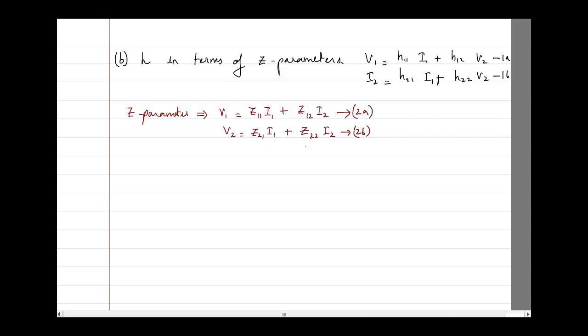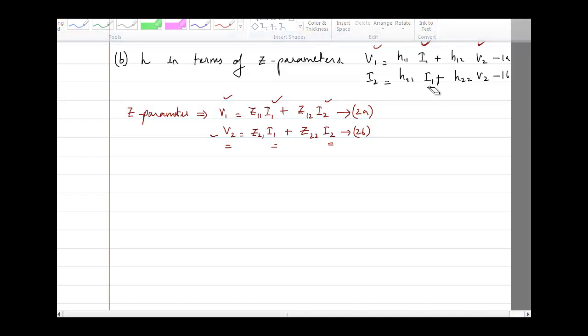Now in the first equation v1 is there, i1 is there. What I have to do is change this i2 to v2. If I substitute what I2 is from here, then I will have V2 and I1 coming here, which is the equation that has to come here, isn't it? So that is what I am going to do.